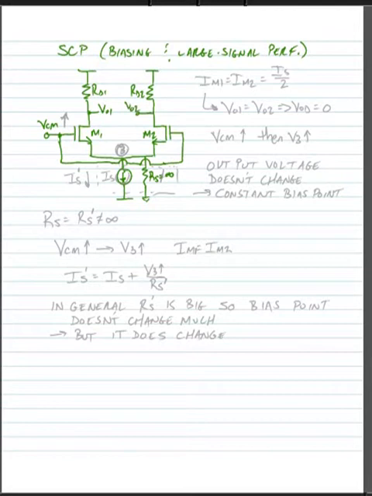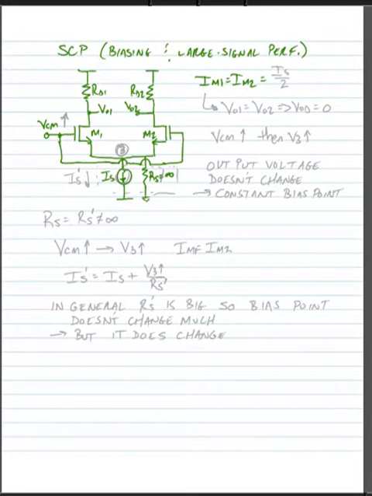Now, ideally, we'd like for this amplifier to completely reject changes to the common mode voltage. In other words, the output voltage at both terminals would change proportionally, and we would get zero differential output voltage. So, what we're saying is that our DC current IM1 should be the same as the DC current through M2, and in other words, half of this tail current source IS should go through both of these transistors.